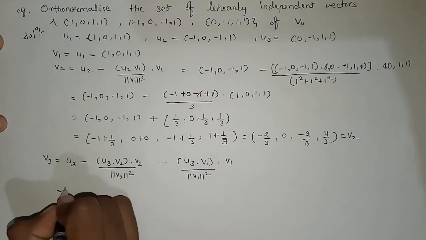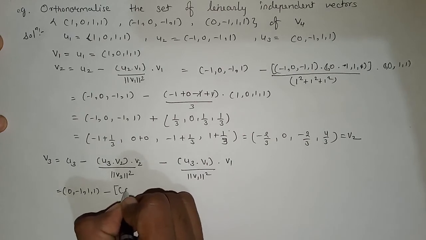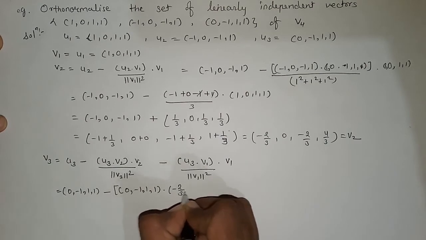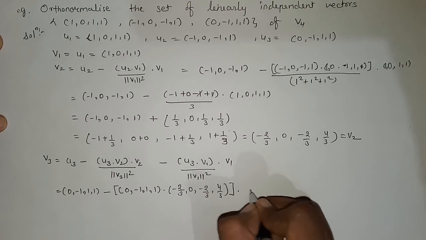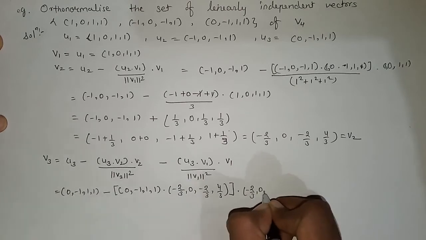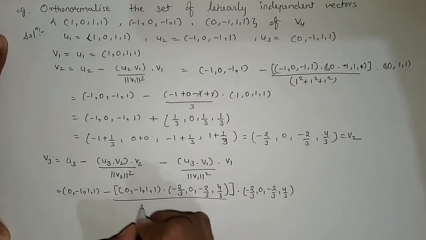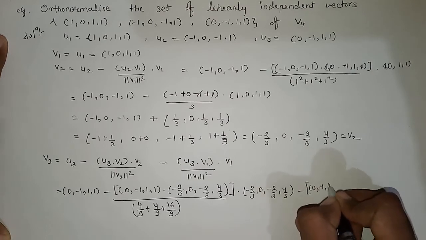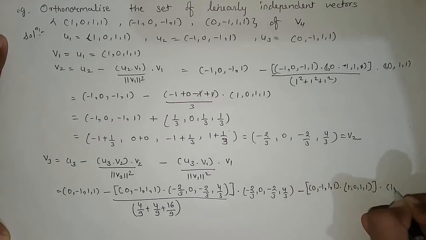So this is equal to (0, -1, 1, 1) minus U3, (0, -1, 1, 1), dot V2, (-2/3, 0, -2/3, 4/3), divided by the norm of V2 squared: 4/9 plus 4/9 plus 16/9, minus again (0, -1, 1, 1) dot V1, (1, 0, 1, 1).